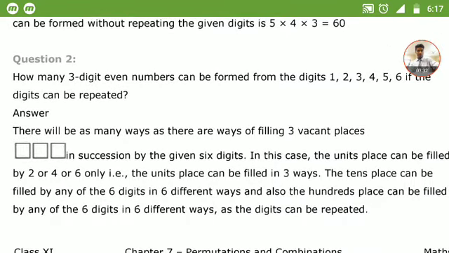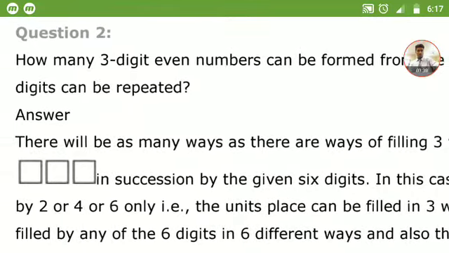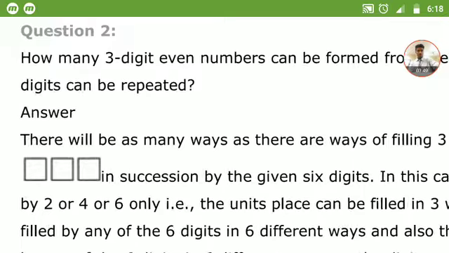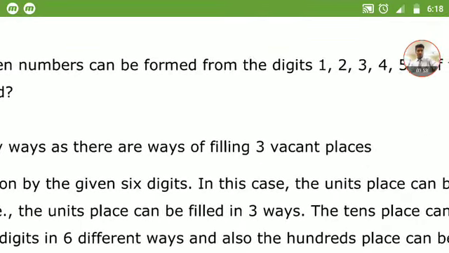Now, three-digit even numbers from the digits 1, 2, 3, 4, 5, 6, where digits can be repeated. How can an even number be determined? By the units place. Supposing 3 boxes are there, the units place can be filled up only using even digits: 2, 4, 6, 8 or 0. Out here you have to choose from 1, 2, 3, 4, 5, 6.